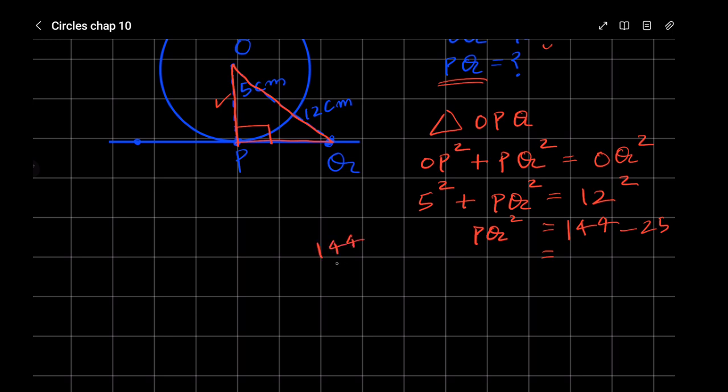Okay, let us try to find out. I think it is 119. We can just delete this one. So it's 119, but that is PQ squared. So PQ will be the square root of 119 centimeter.